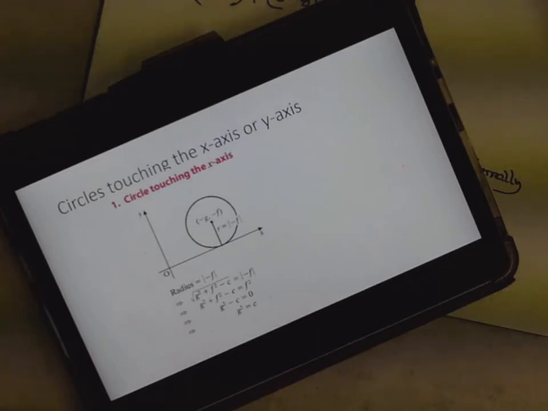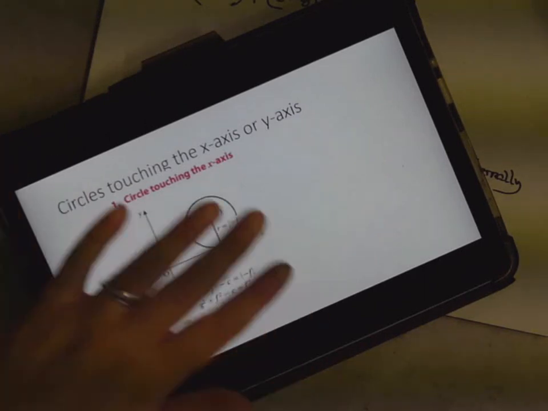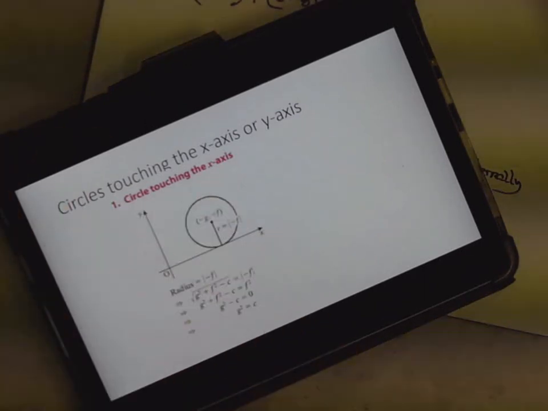So if they tell you the x-axis is a tangent, you can basically get rid of c's out of any formulas, because instead of c's you can write g squares. We'll see an example in a while.